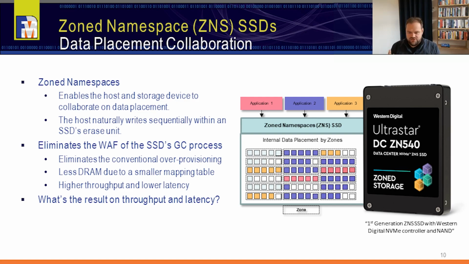It eliminates the conventional over-provisioning. It needs less DRAM due to a smaller mapping table. Since you're writing sequentially, you don't need what's known as a fully associative mapping table. You can have a more coarse-grained mapping table. And also, while doing that, you can have higher throughput and lower latency. And how much, you ask?